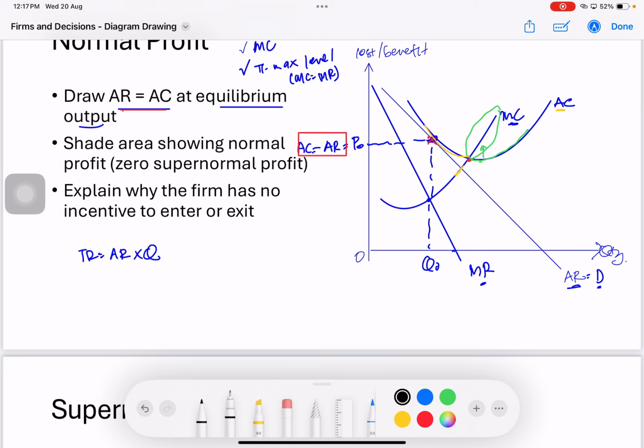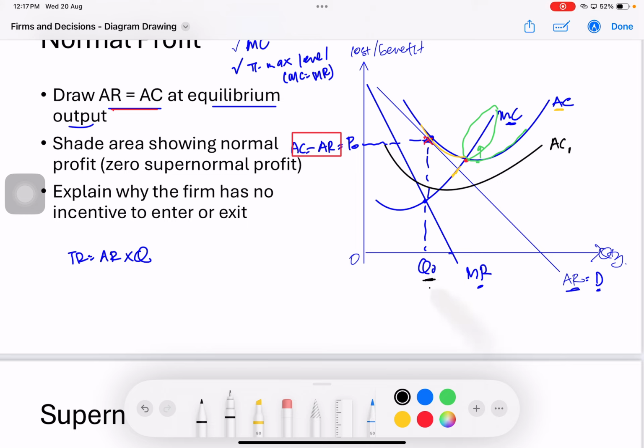So let me just use this diagram to go through the supernormal profit. It's very easy. It is just your AC curve being lower. So this is my AC curve, which I don't like because you need to make sure that it cuts. Okay, this is better. AC1.